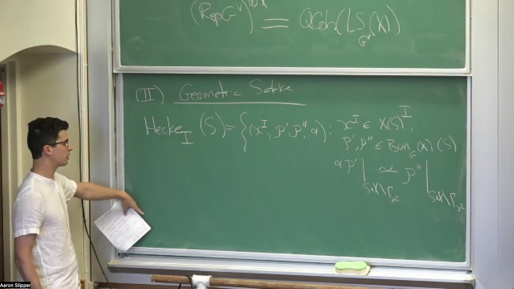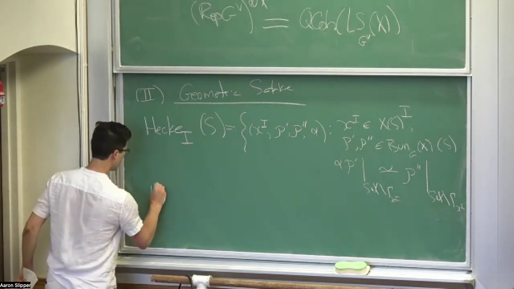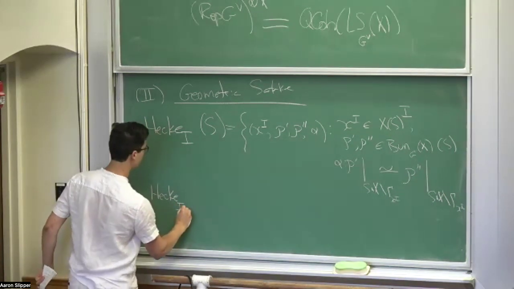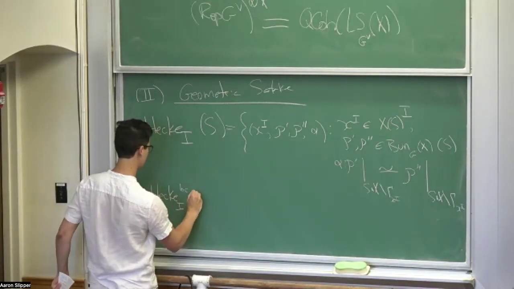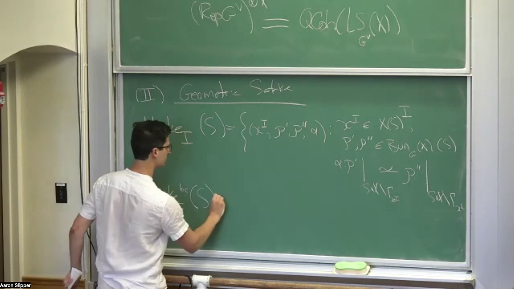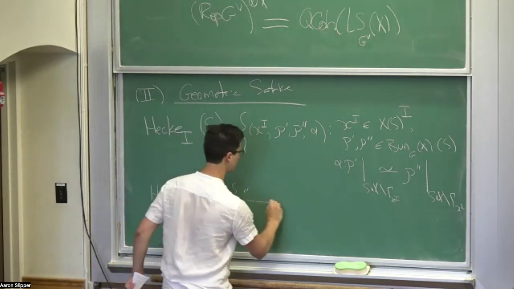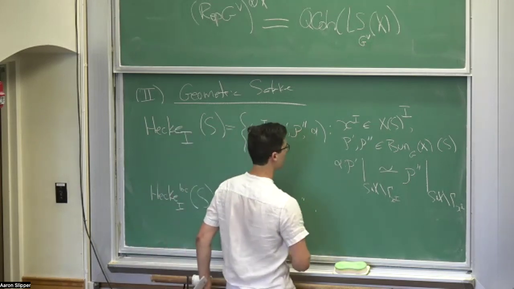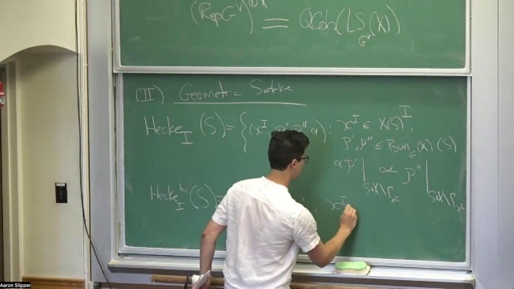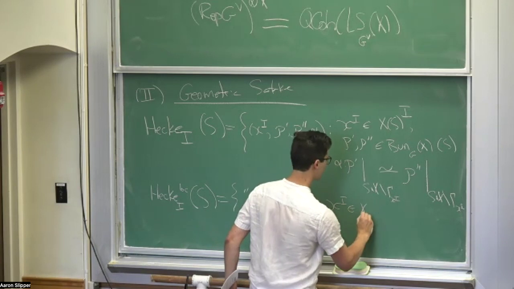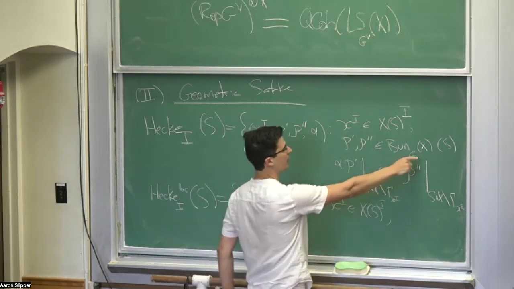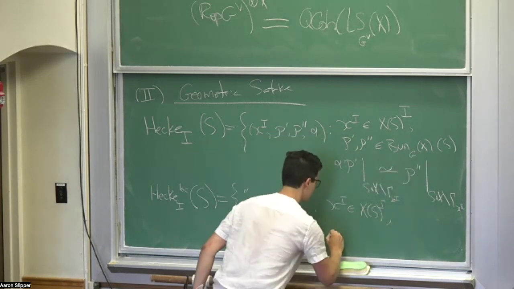Now you can also define a local Hecke stack, where it's the same data, but just restricted to the disk. So same data: X^I, still an I-tuple of points in the curve. But now your bundles are defined on the disk.